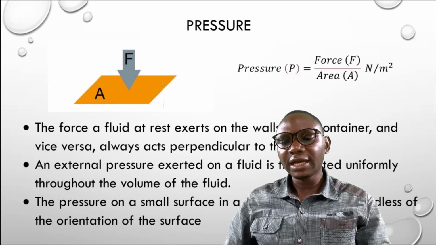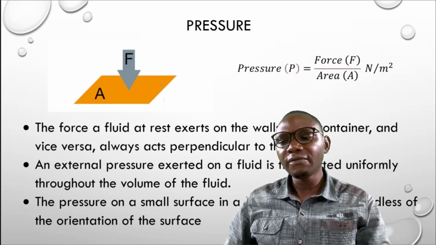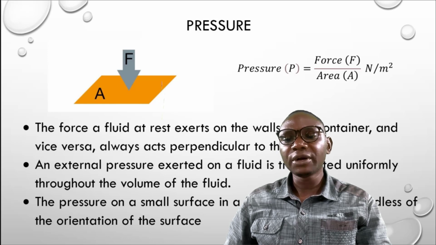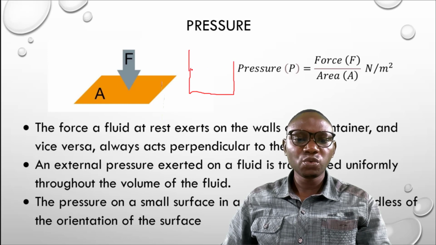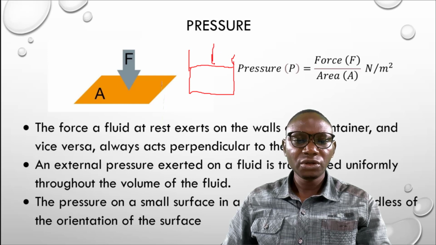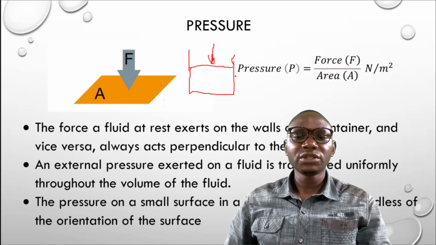Consider that you have water in a bucket, and there is a force F that is applied on the surface of the water. Let's say this is a container and there is water that fills that container like this. By default, there is a pressure being applied on top, and this is the surface area.